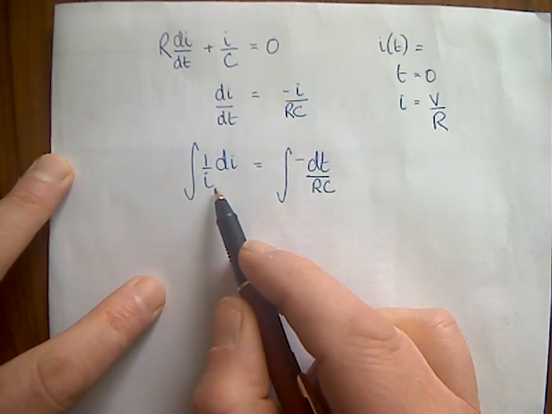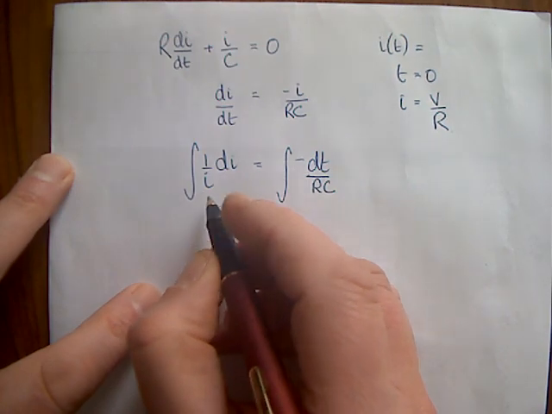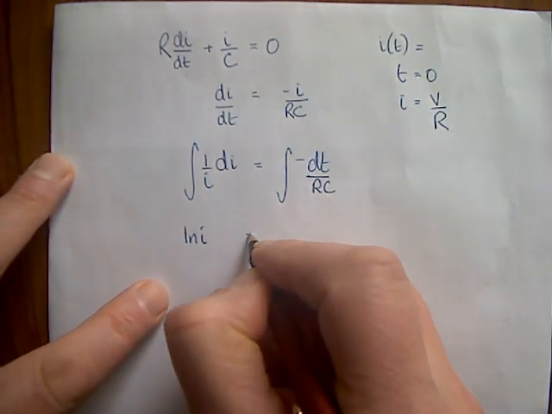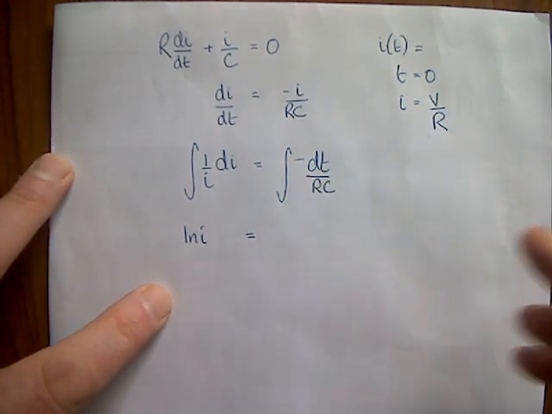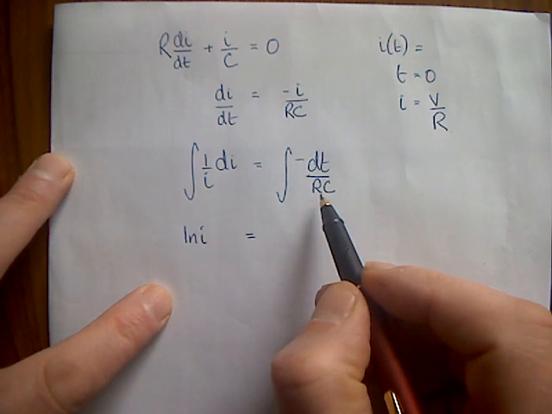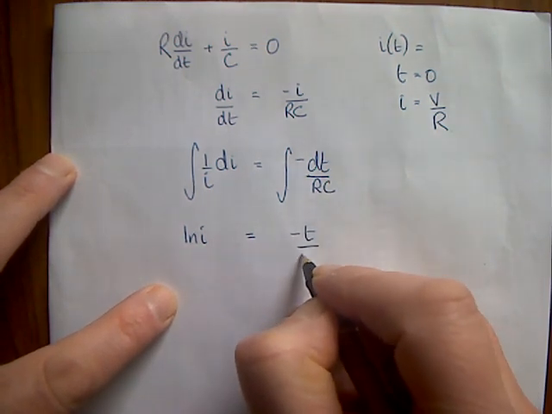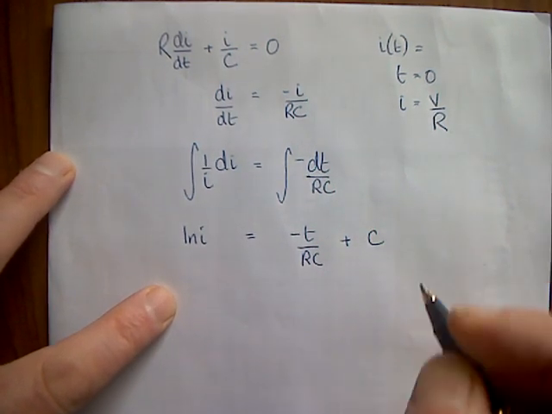When you integrate this side here, integrate 1 over I, you get natural log of I. And there, you're just integrating, RC is just a constant, it's just a number, so you get minus t over RC, and then you must remember to include your constant.